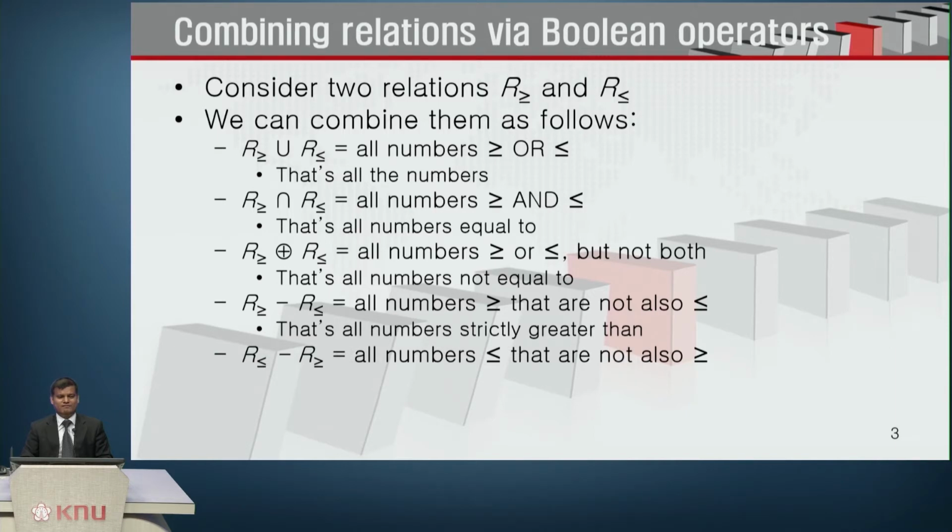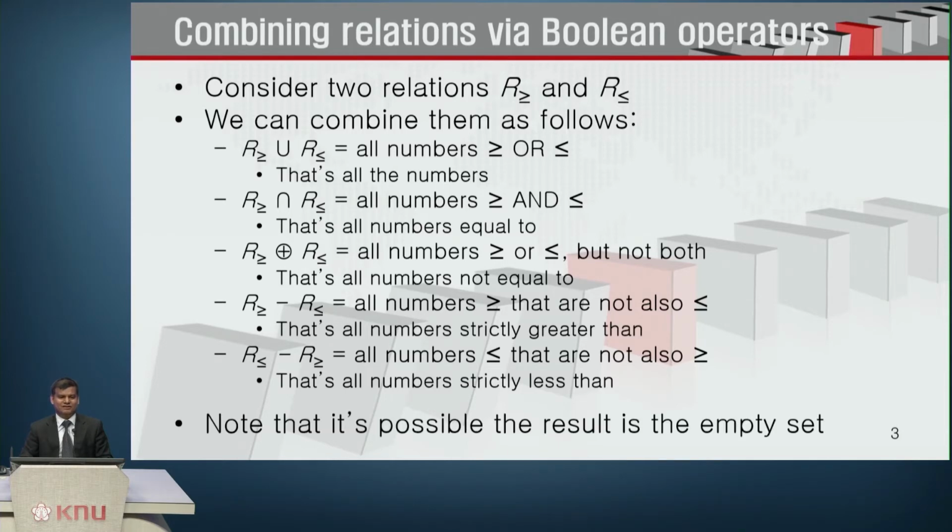Here again, we have less than or equal to with the minus sign, greater than or equal to. This signifies all numbers less than that are not also greater than, which means that's all numbers strictly less than. We can see from these examples it's possible that the result is an empty set at times, but the main idea is that we are combining the relations via Boolean operators.